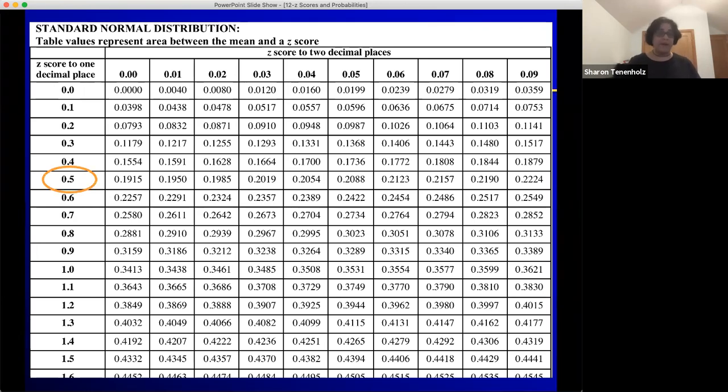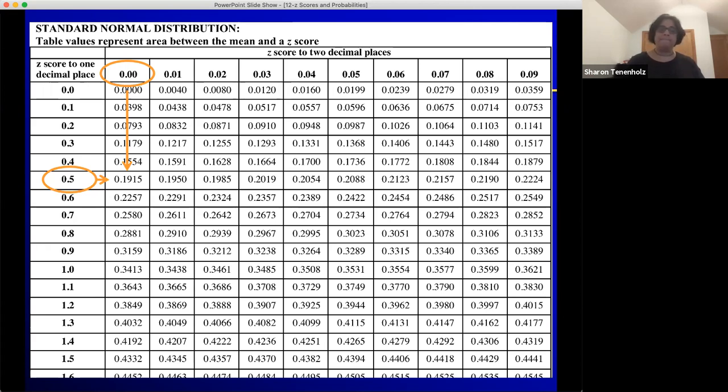So here is 0.5 on our table, and we don't have another decimal place. It's 0.50 even. So there is the probability between the mean and the z-score of negative 0.5: 0.1915.